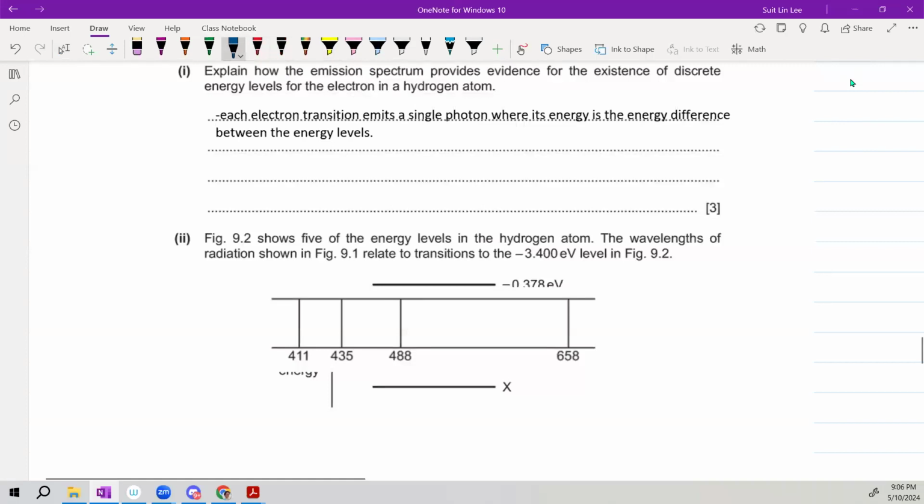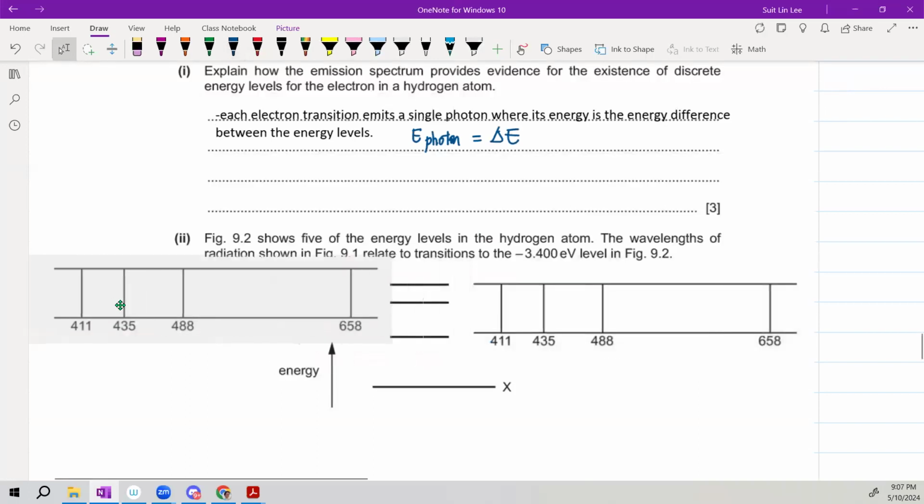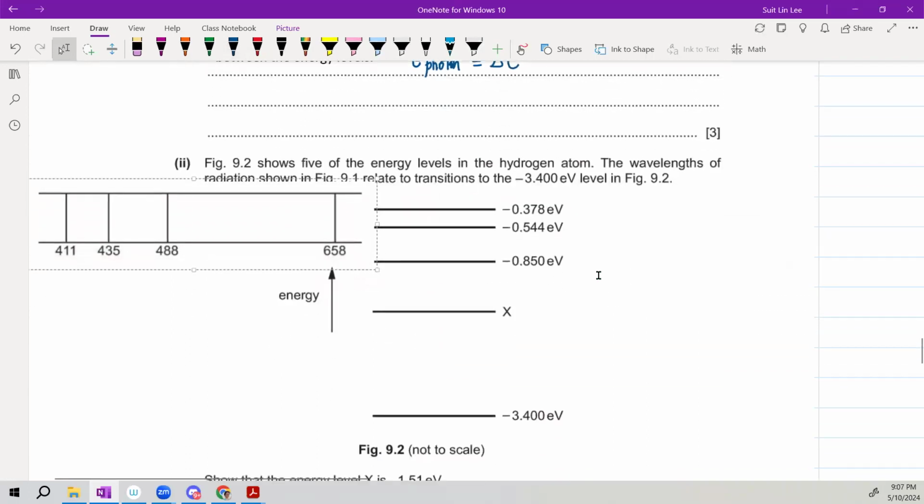So basically saying every electron transition will emit a photon. The photon energy is equal to the change in energy level. This part okay or not? So it's time to transition.